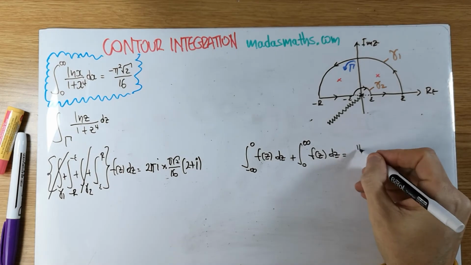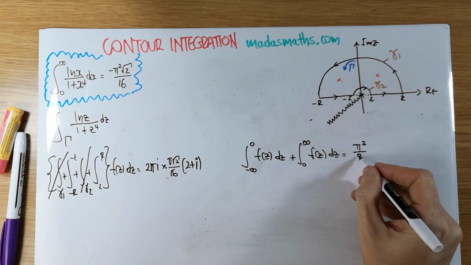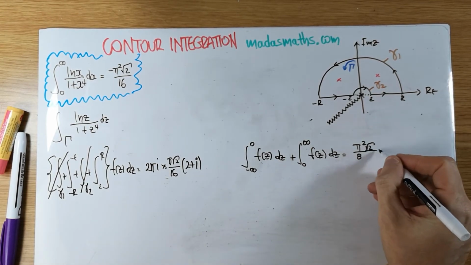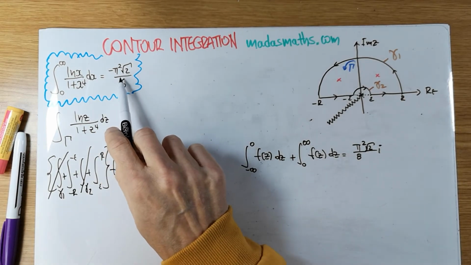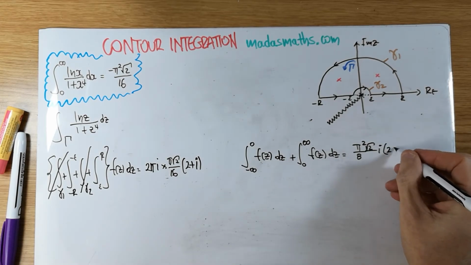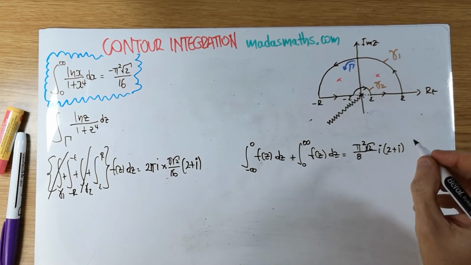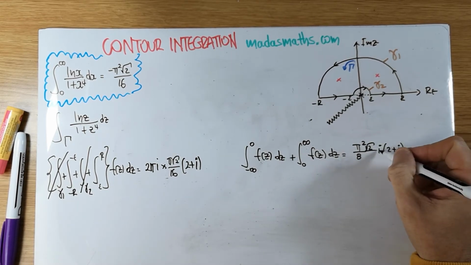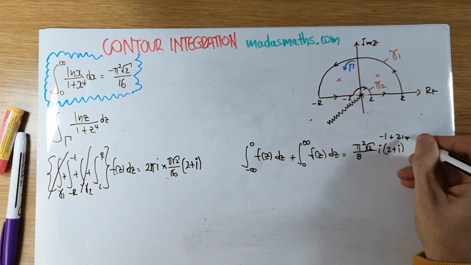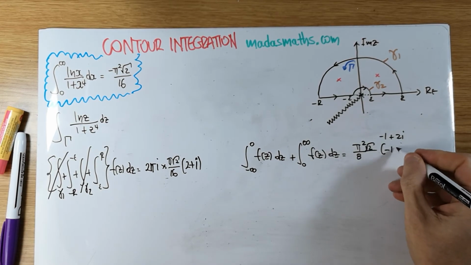We're going to get a pi squared over 8. That's the 8 from that. We're going to have a root 2, and we're going to have a 9. We start getting things which look like that. And then we have a 2 plus i, and perhaps we ought to write this as, that's a minus 1, that's the i times i, plus 2i. So perhaps we should write it as minus 1 plus 2i.